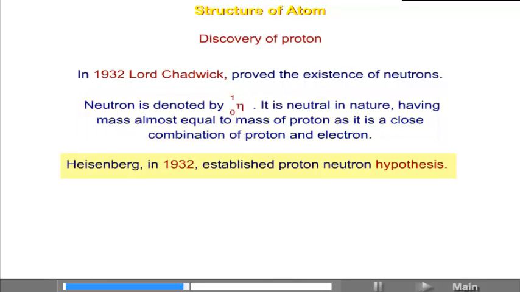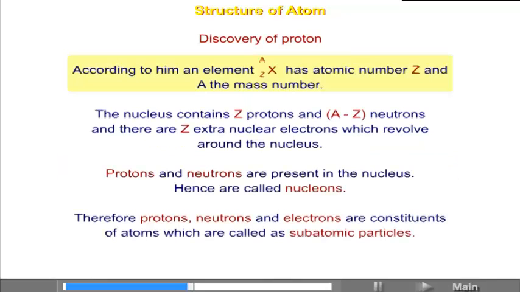Heisenberg in 1932 established proton-neutron hypothesis. According to him, an element ZXA has atomic number Z and A the mass number. The nucleus contains Z protons and A minus Z neutrons, and there are Z extranuclear electrons which revolve around the nucleus.